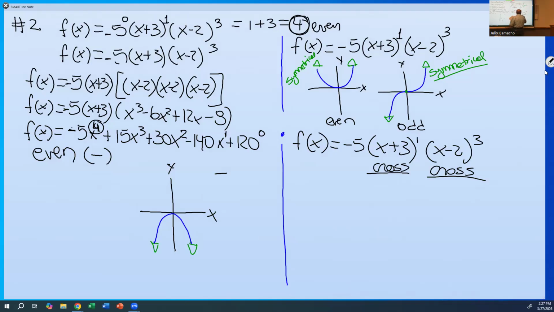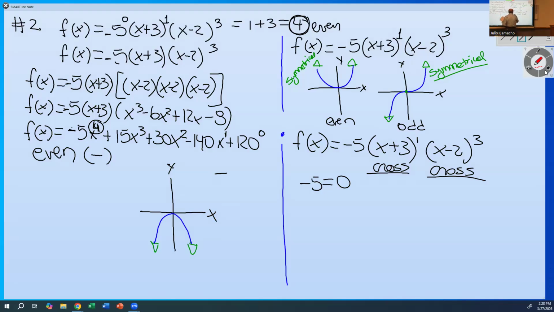So after knowing this data, we need to set all these factors to 0 to find the value of x. Why is the value of x important again? Because that is the place where the line will be crossing the x-axis. So first of all, you could put -5 equal to 0, and we cannot use this one because it's a false statement.